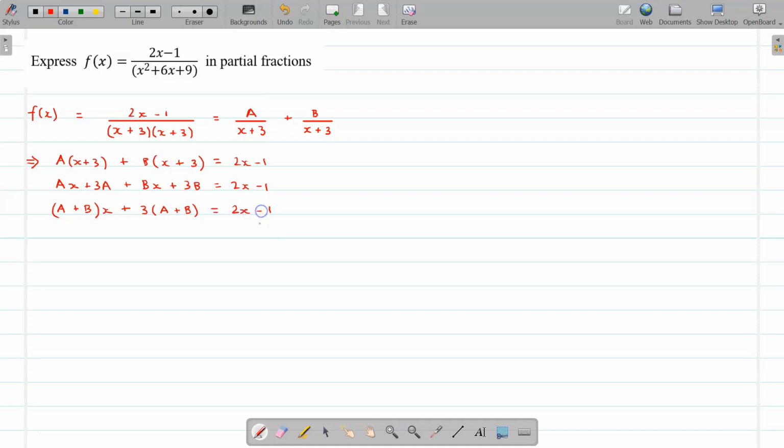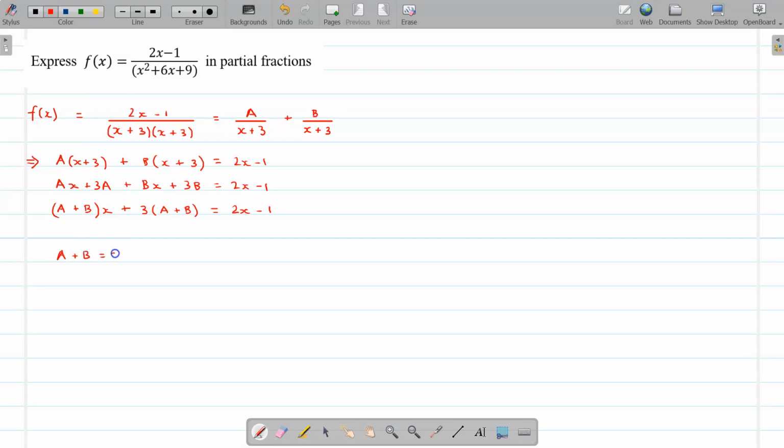And so equating coefficients, we would say that a plus b equals 2. So let's just write that here. A plus b equals 2.